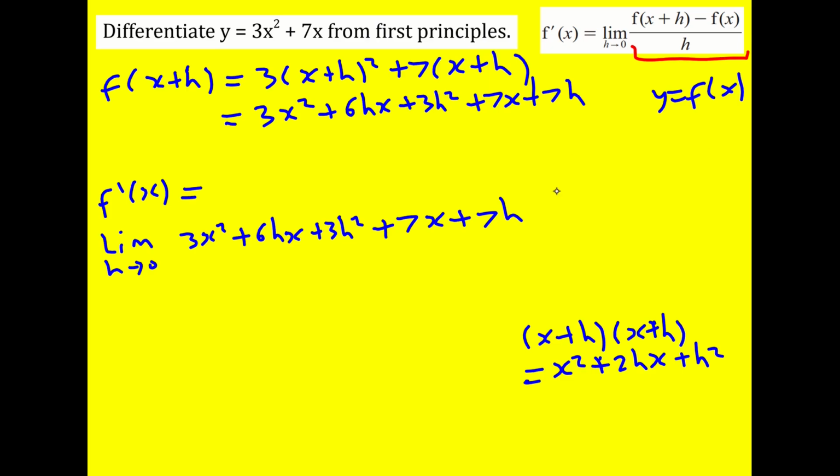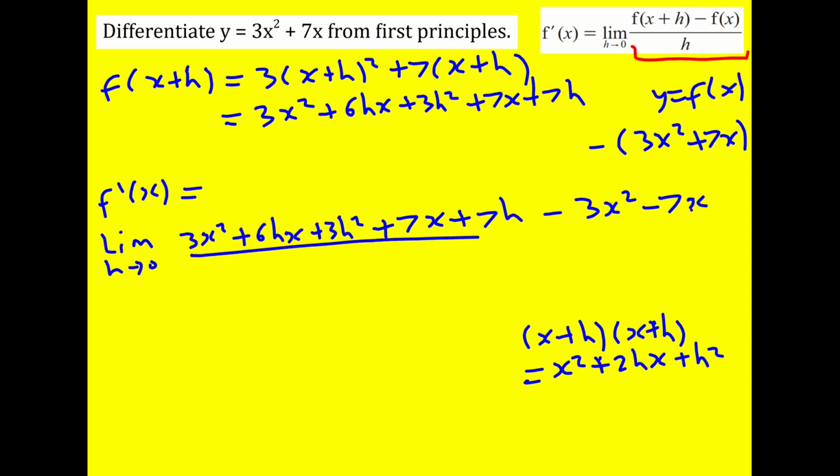Okay, and then I minus f of x, but that means I minus all of it, so I minus 3x squared, and then I minus 7x. I technically expanded this bracket here. That's all I've done. I'm dividing that all by h, and yes, these cancel, and these cancel.